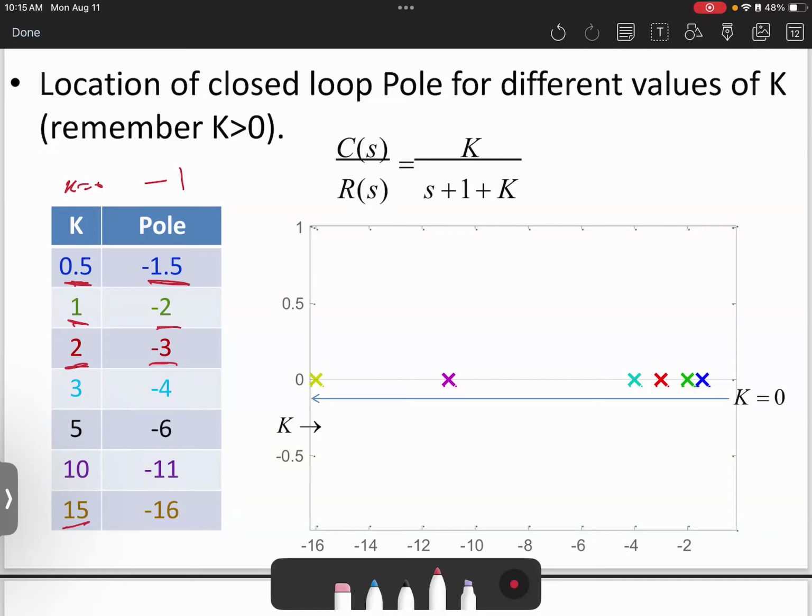Then keep increasing, like 15, it will be -16. Then let's assume k equals infinity. The pole, again, is s = -1 - k. If k equals infinity, then -1 minus infinity will be minus infinity.